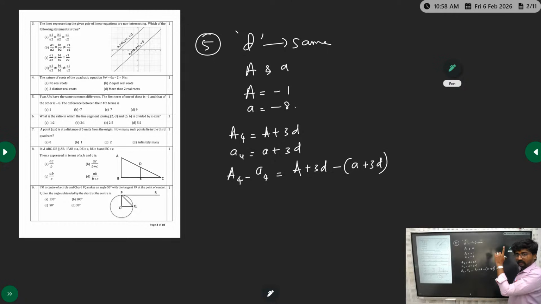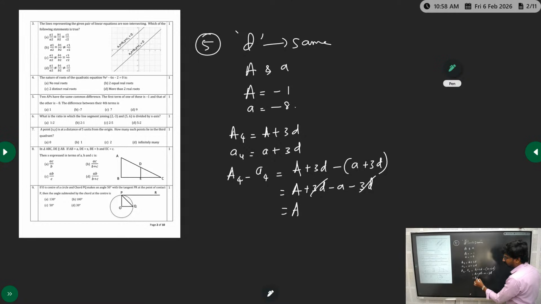I am explaining this theoretically first. Later, one direct formula you should apply in exams. A plus 3d minus a minus 3d. 3d cancels. What is remaining? Same as the difference of two APs: A minus a. Remember this formula only.